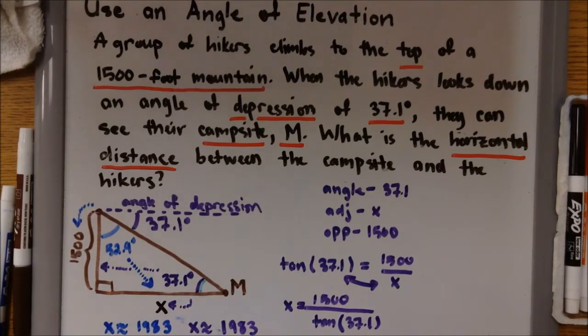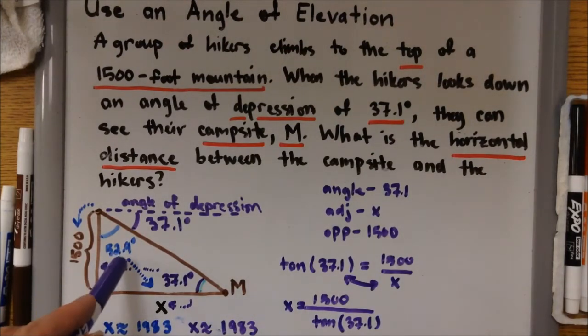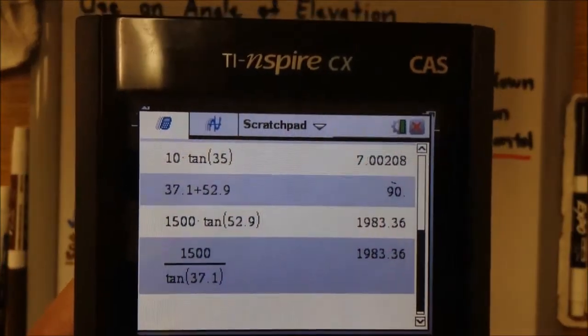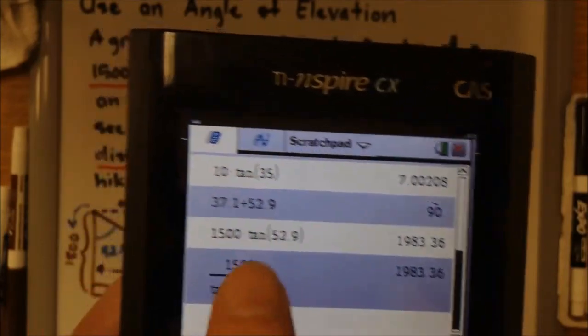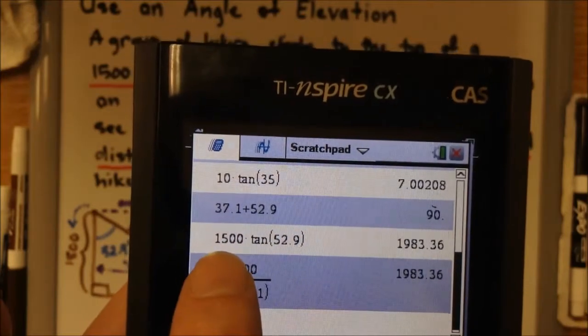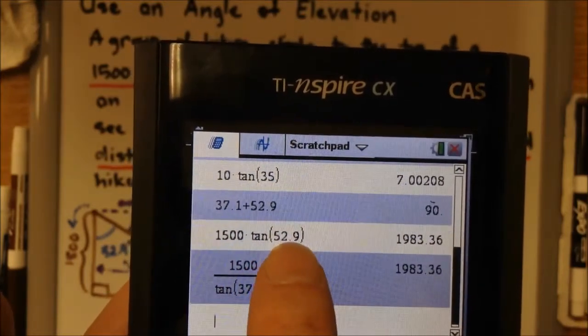So the blue one, I used 52.9 degrees, and I still ended up using the tan function, but it looked different, and I got 1,983. The purple one, I used 37.1 for the angle, and I still used the tangent function, but it looks different from what we did before. So if we go back, with 52.9 degrees, this is what the function looked like when x is by itself: x equals 1500 times tangent of 52.9.